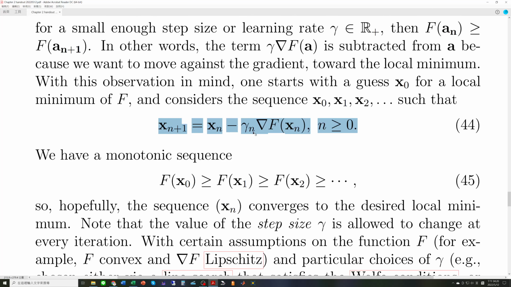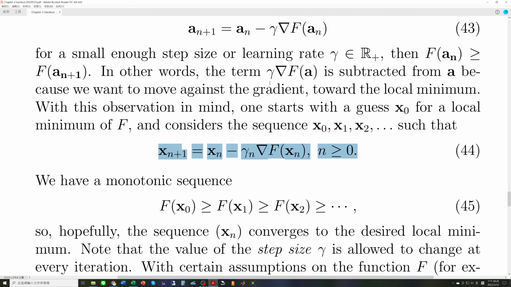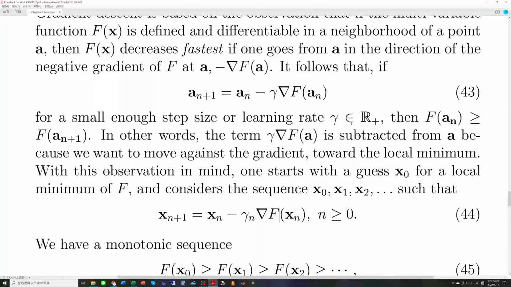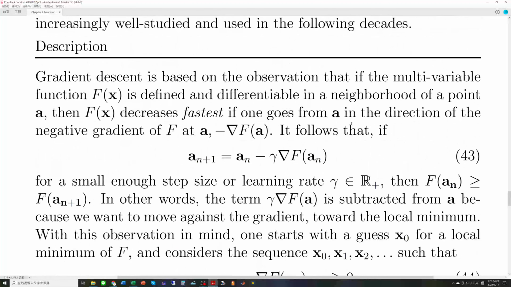Okay, what is gamma n? Gamma n is the learning rate at the nth iteration. And what is capital F?